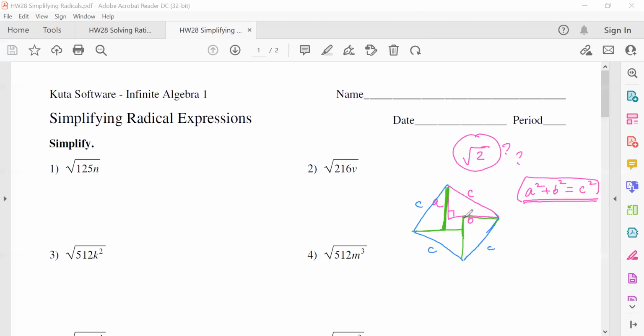You got four rectangular triangles. So for the area of the big one, you can see this part here is A, this side is B. Here is A, here is B. And here is A, here is B, right? So you can see the big square, the surface area is C squared.